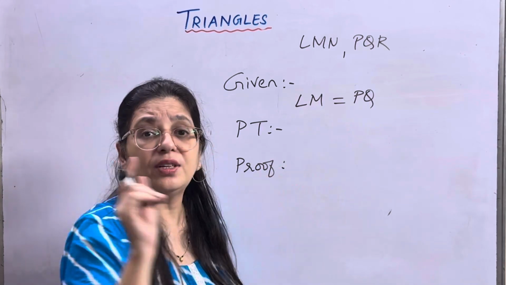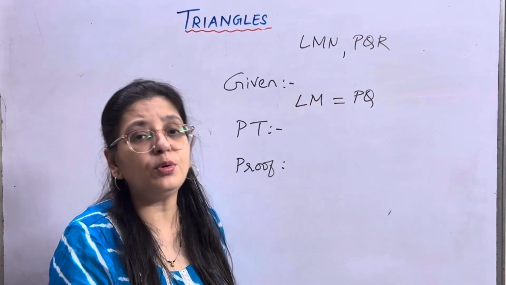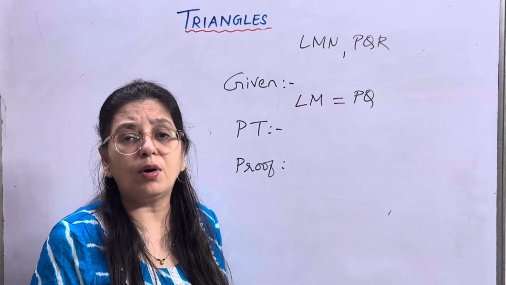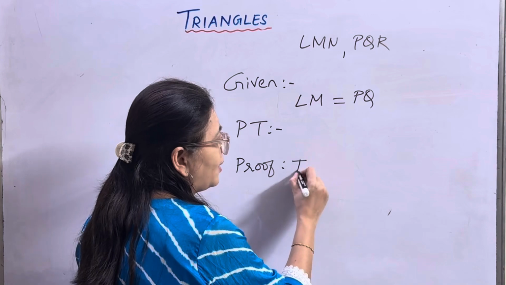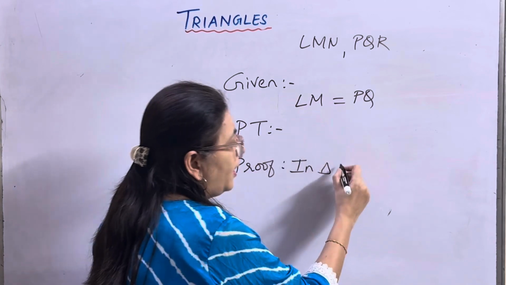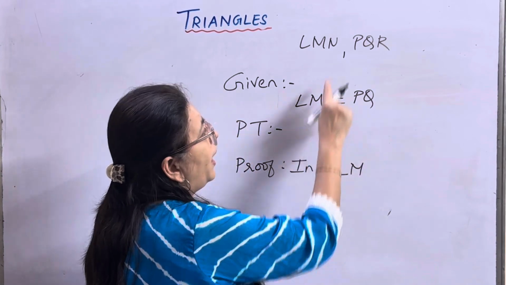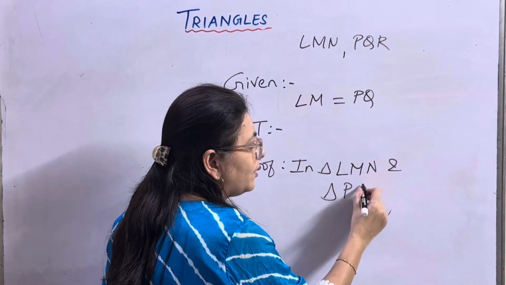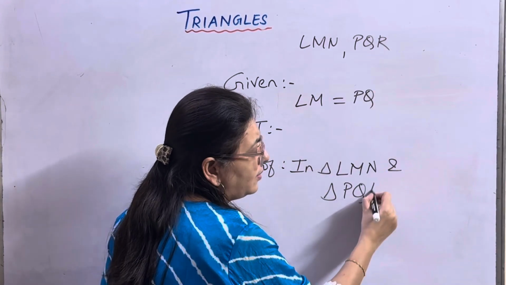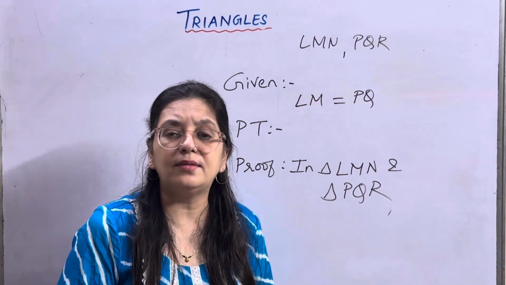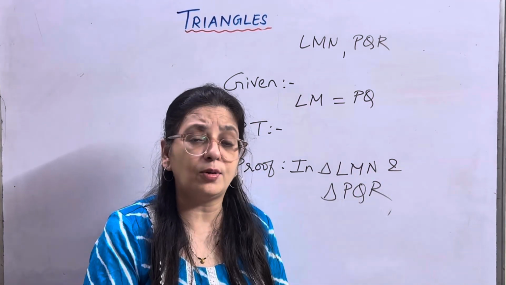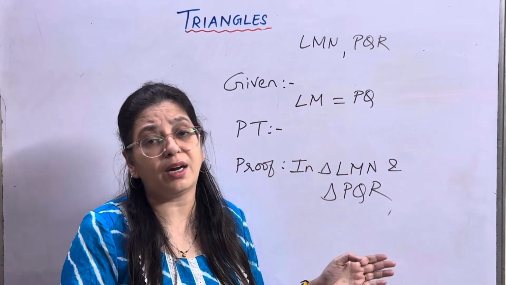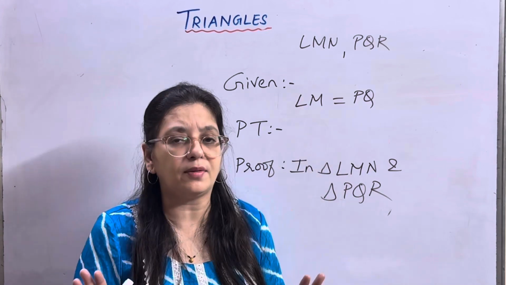Whatever information is given to you, first stick to that information and then put the third letter so that you don't go wrong in naming the triangles. So, in the first triangle, LM is given to you and then you can take N. And in the second, PQ is given to you and the third letter is R. Use the given information to name the triangle so that you don't go wrong.